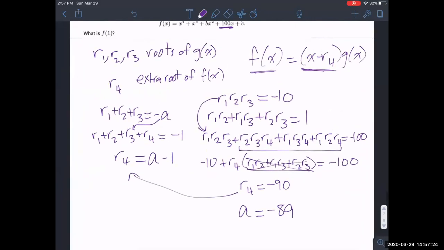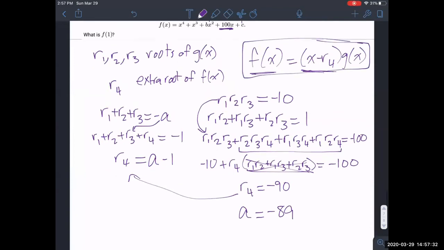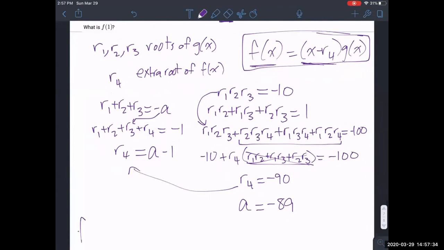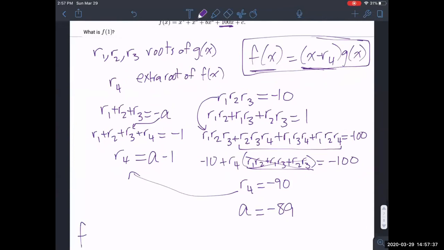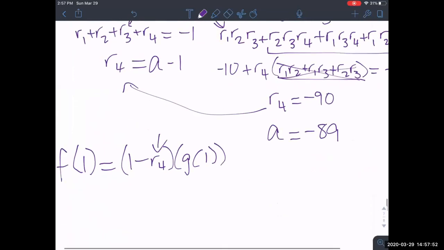From here you could find b and c, but we'll take the shortcut by using the thing we found earlier. Since the question is looking for f(1), f(1) is 1 minus R4 times g(1). We know R4, so that's 91 here.